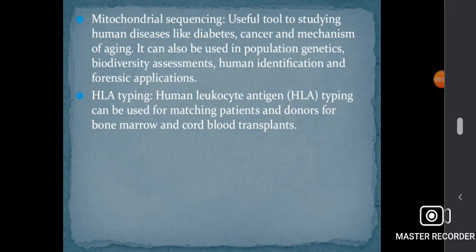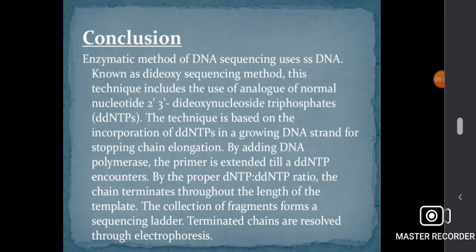As a conclusion, the enzymatic method of DNA sequencing uses single-stranded DNA. Known as the dideoxy sequencing method, this technique includes the use of analogs of normal nucleotides, the ddNTPs. The technique is based on the incorporation of ddNTPs in a growing DNA strand to stop chain elongation.